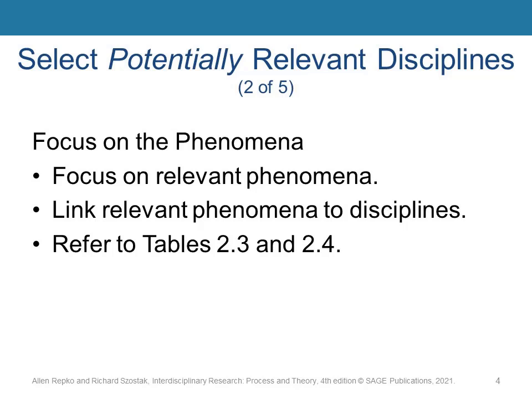Once you've identified the phenomena involved in the problem, use the table to help you categorize that phenomena. Then, Table 2.3 should help you tie the phenomena of interest, of relevance, to specific disciplines.